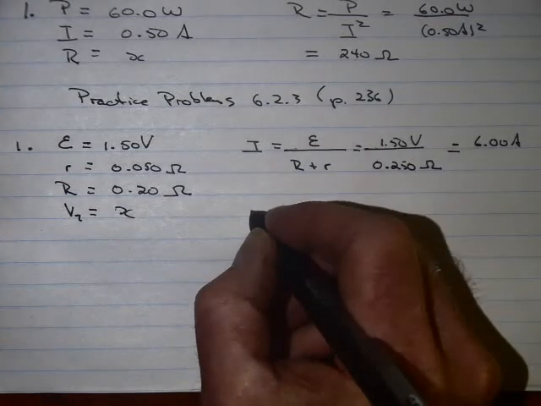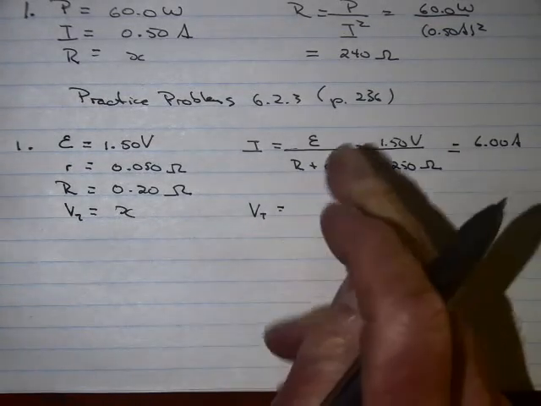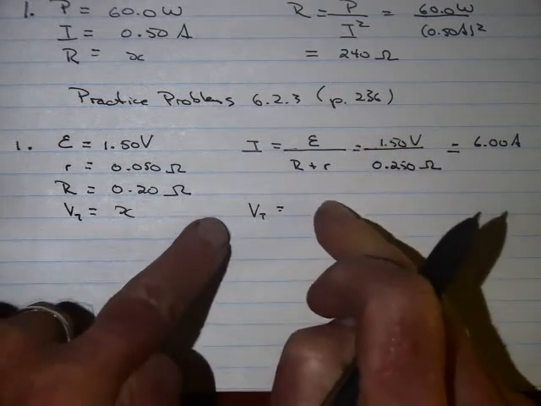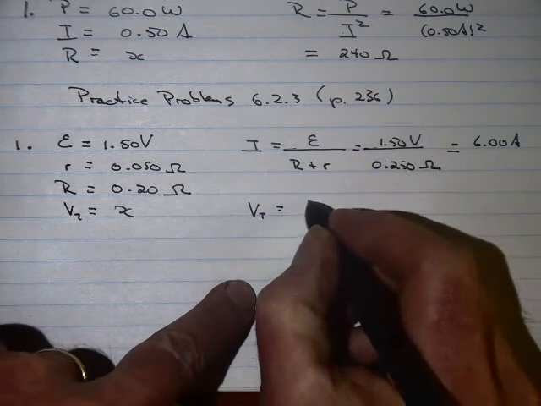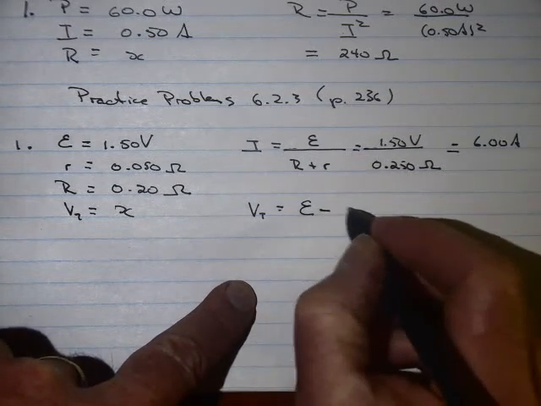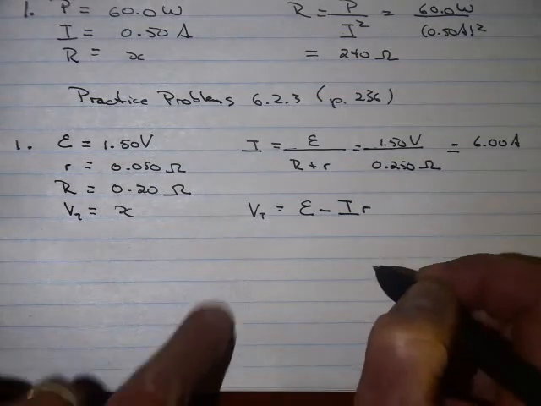So we know that the terminal voltage, VA minus VB, is equal to the electromotive force minus the current times the internal resistance.